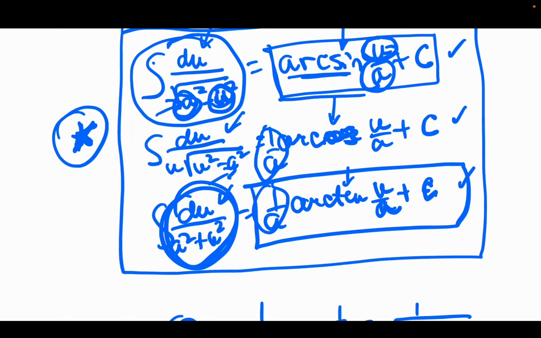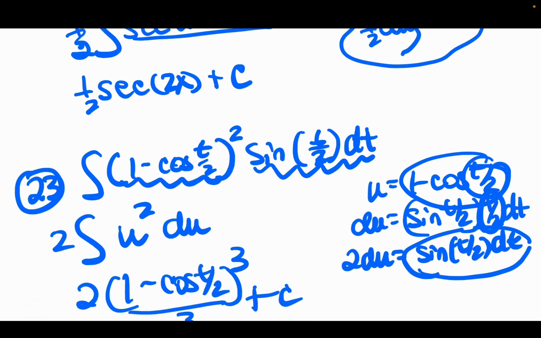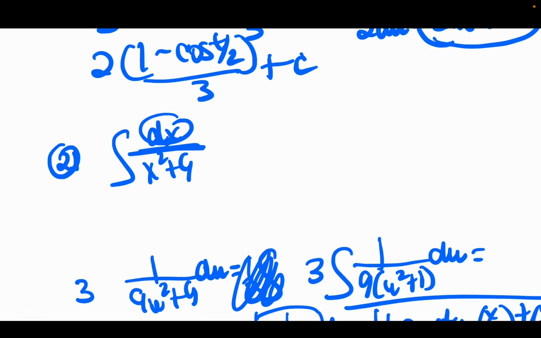Now right now our a squared is our number 9, which meant that 3 squared equals 9, and u is just u. So I'm going to say 1 over the thing that you're squaring, which is 3, and then I'm going to have arctan of u over that. So what I'm saying is this would have been so much easier, and it's time for me to teach this to you now.